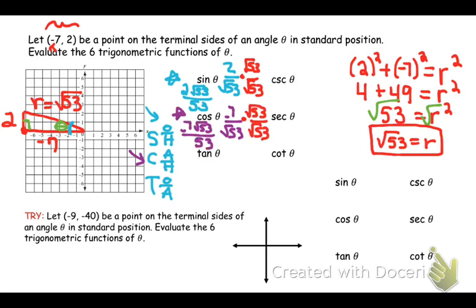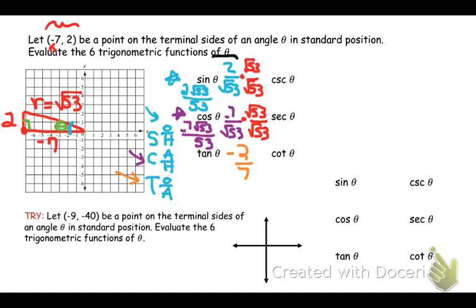Yay, so finally we have an easy one. We have opposite over adjacent, so we end up with -2/7. And we don't have to do anything with that one. All right, so now for our cosecant, secant, and cotangent, you just need to write the reciprocals of what we have.